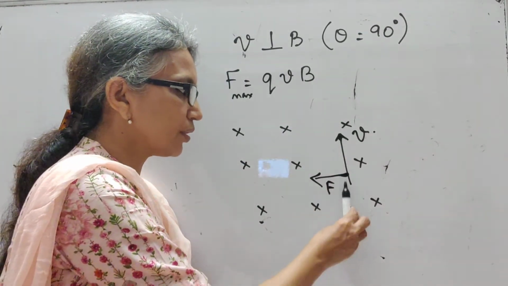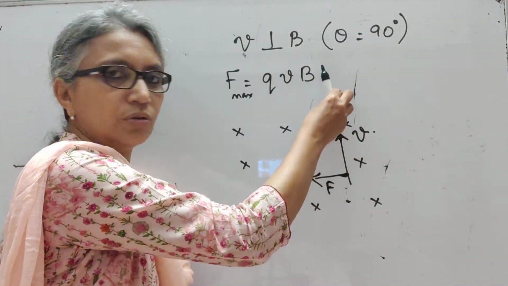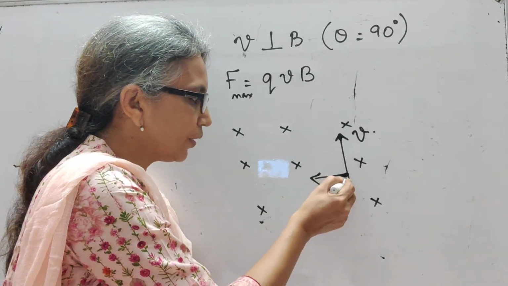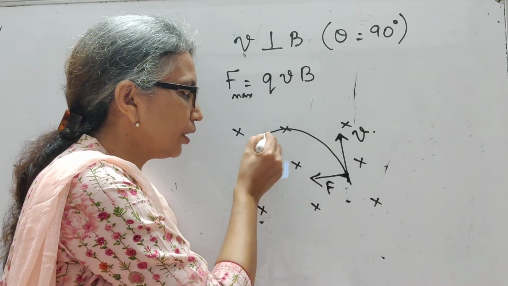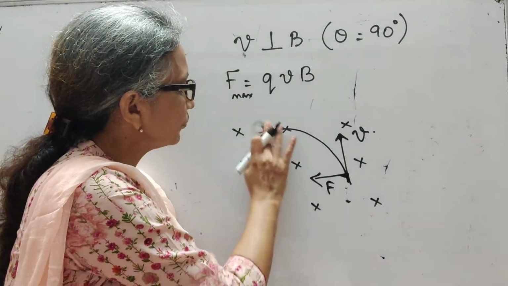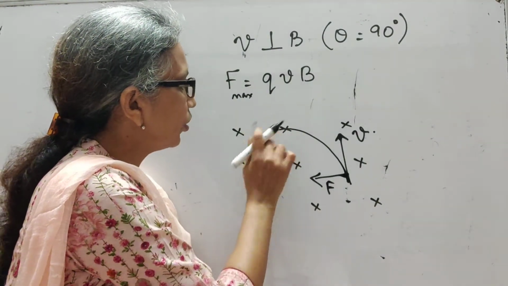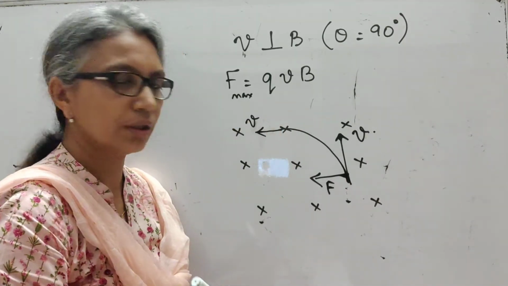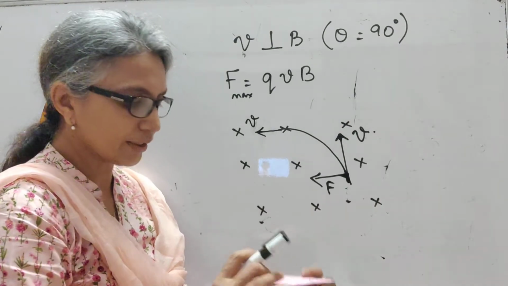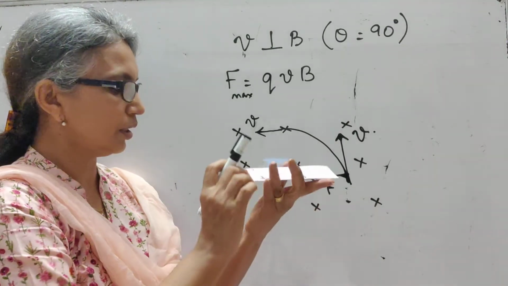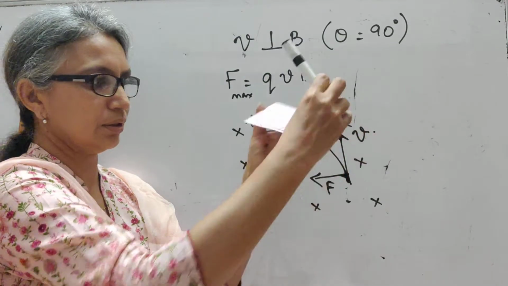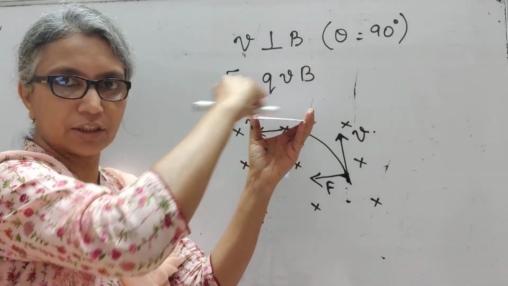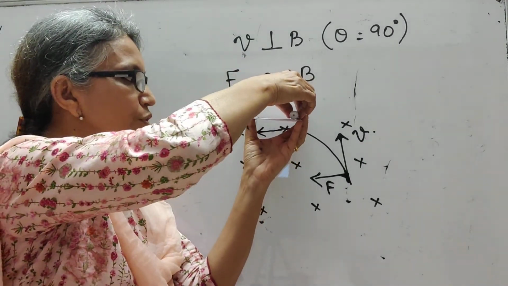So your particle which had started off like this cannot continue like this because it is acted upon by an inward force, and so the particle will now turn and let's say reach here. Now at this point I am going to mark its velocity in this direction. So now what has happened? Your velocity is now in this direction, but your magnetic field continues to be inwards.